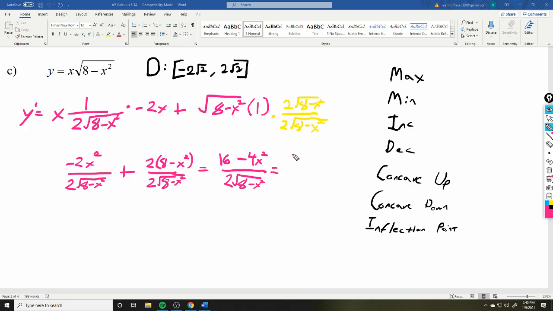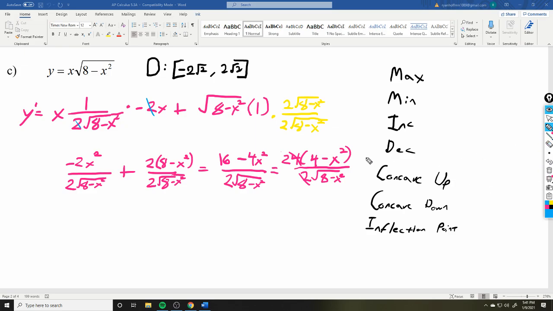And if we want to, we can factor the 4 out here. I'd say we should do that because it's going to be easier to see what points we're interested in here. Over 2 times the square root of 8 minus x squared. And if it makes you feel better, you can cancel this 2 with this 4 and say, here's a 2, here's a 1. If you wanted to do that earlier, it would have been done here, and that would have caused the same effect.